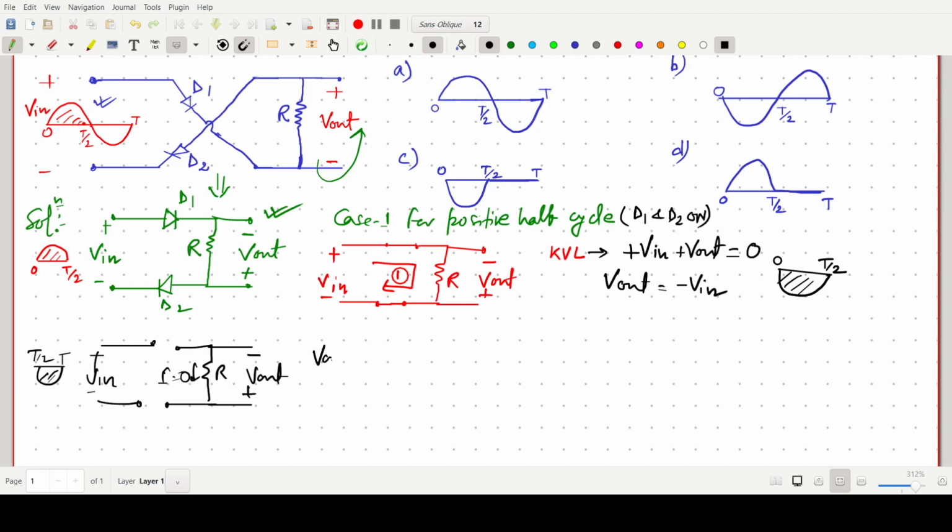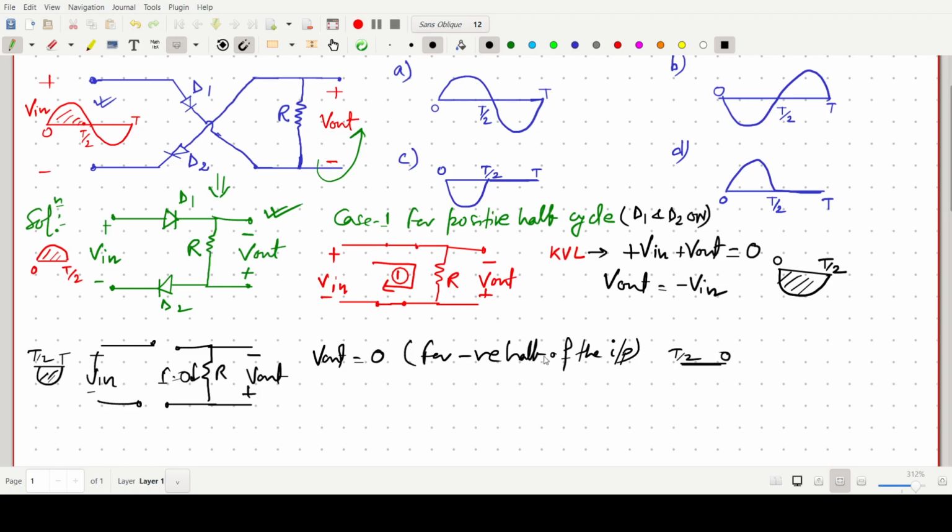So V output is simply 0 for the negative half of the input. In this case, the output will be 0 for T by 2 to T.